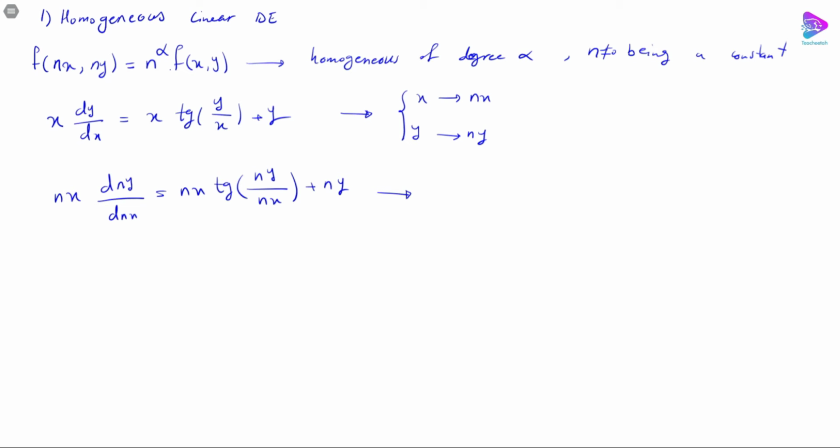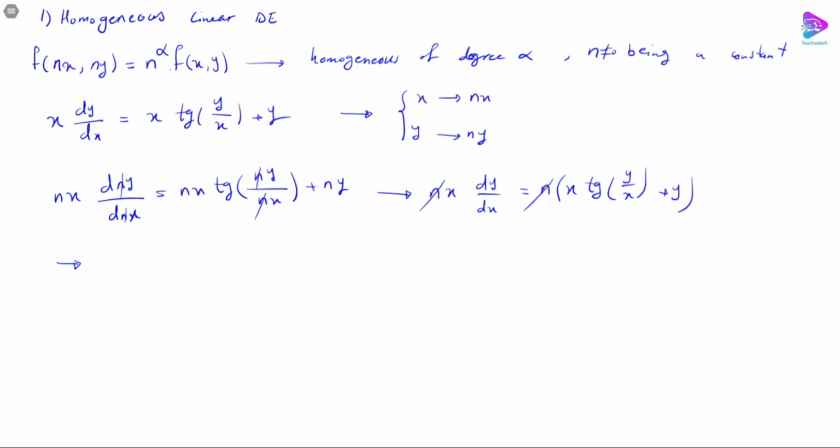So this n cancels with this n. Here with this, I'm gonna end up with x dy over dx equal to, let's factor n, x tangent of y over x plus y, and then again I can cancel n.